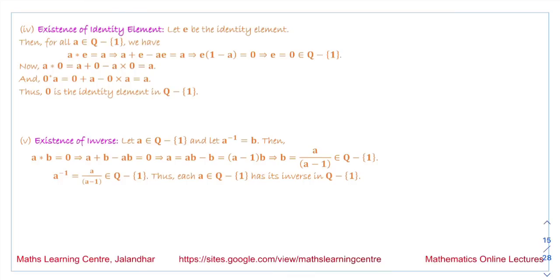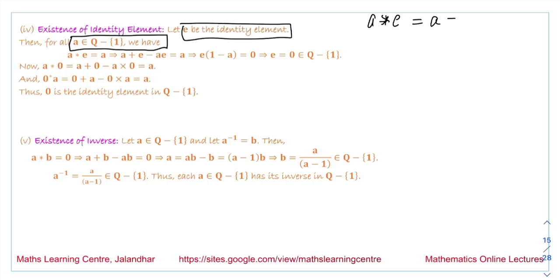Now next we have to calculate the identity element and the inverse element. So for the identity element, suppose a is a rational number except 1, and suppose e is the identity element which exists. Then we have a star e should be equal to a, and that should be equal to e star a.